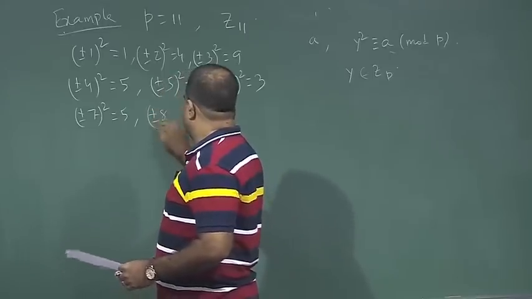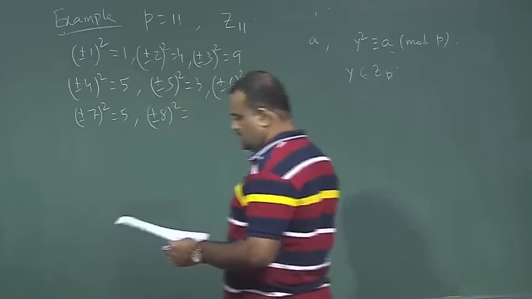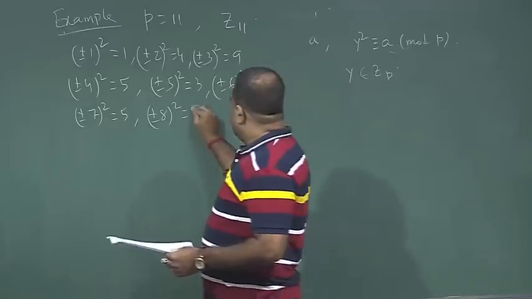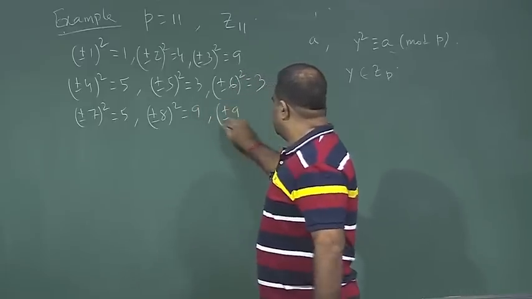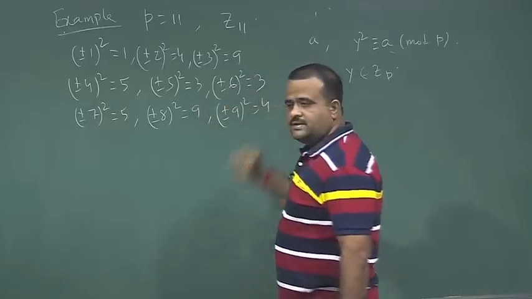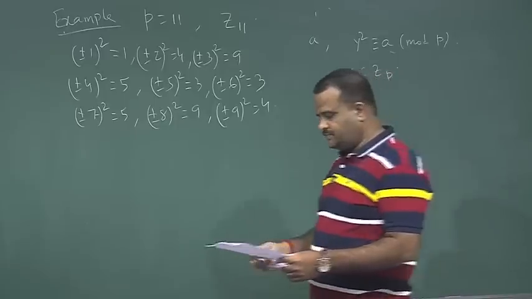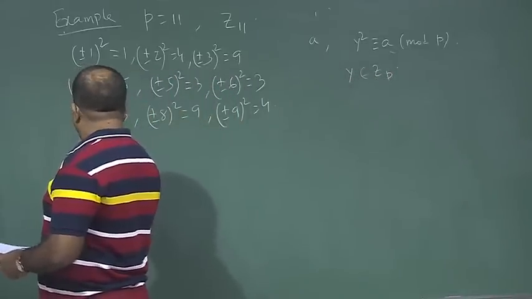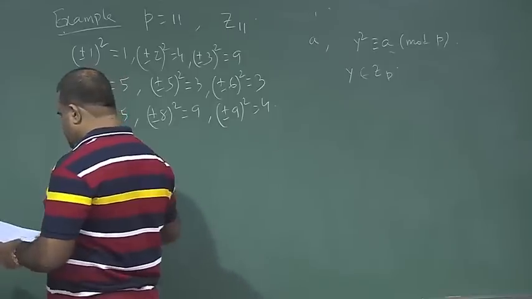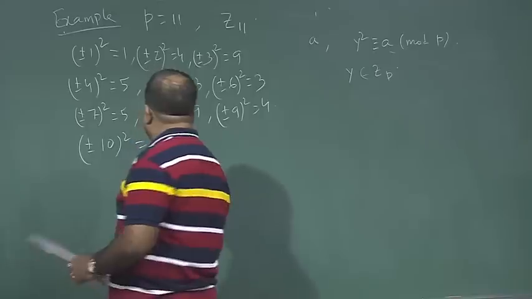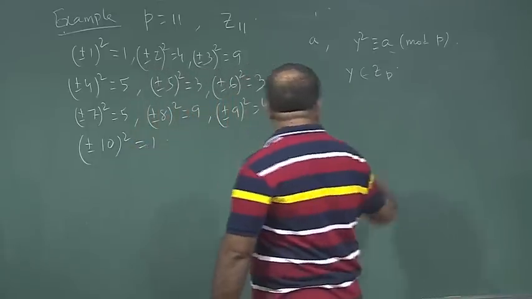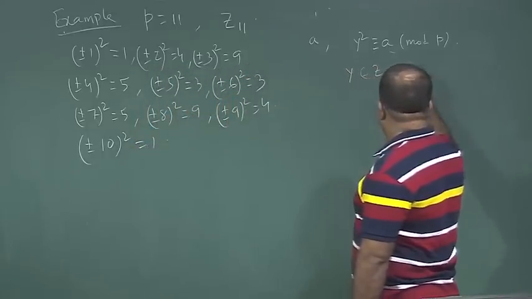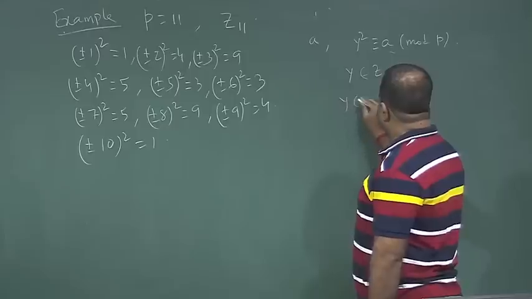Plus minus 8 square is basically 9, plus minus 9 square is basically 4, and plus minus 10 square is basically 1. So these are the possible y's. So p is 11.